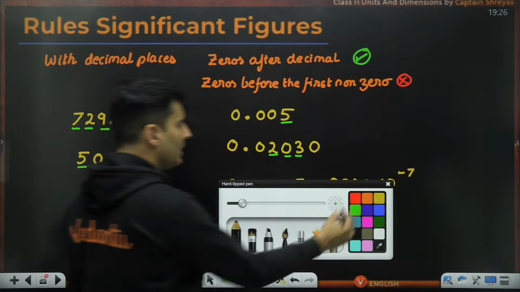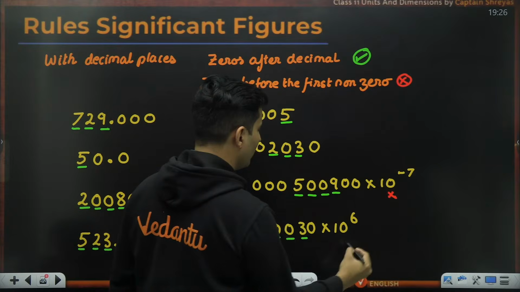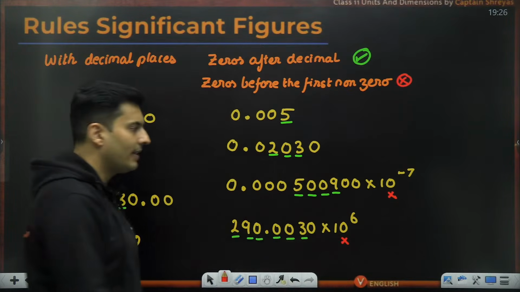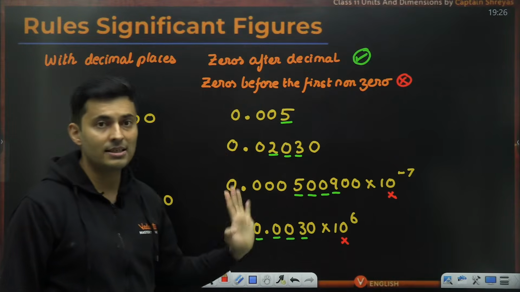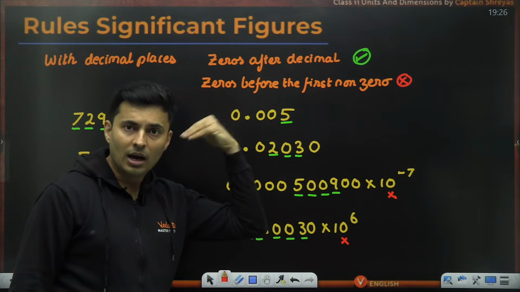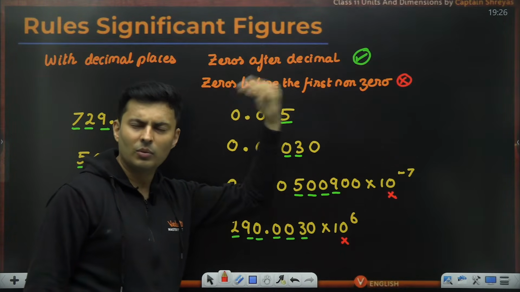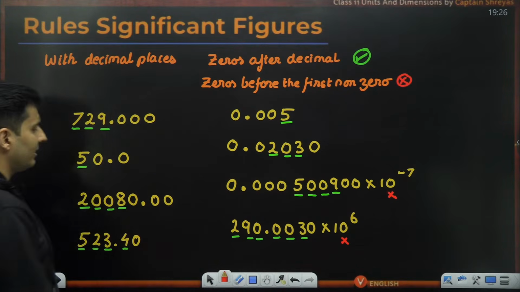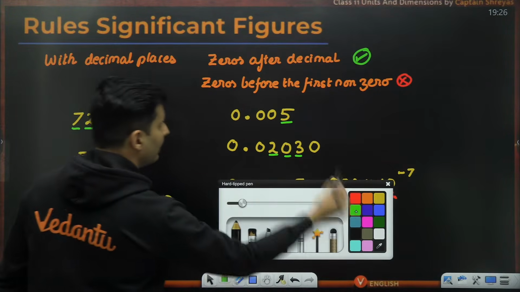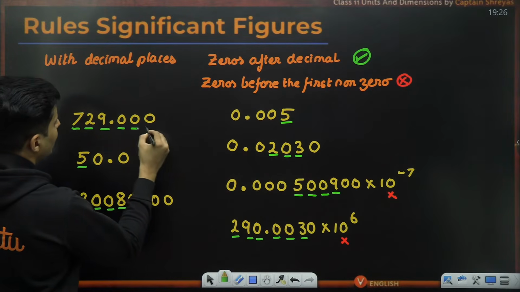Powers of 10 are never ever significant. I have already told you. So forget that. If there are zeros after the decimal and after the last non-zero, they are always going to be significant. So 100% by this rule, they will be significant.